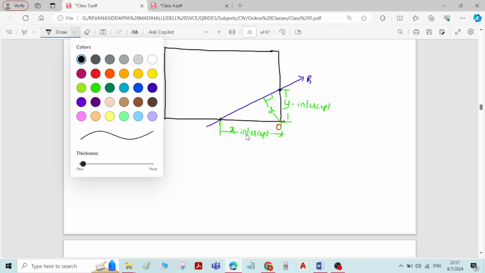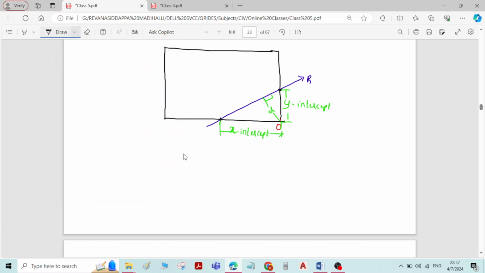Now the question comes, how to find this x-intercept, y-intercept and d. There are formulas to find these. The x-intercept is equal to sigma M by sigma Fy.